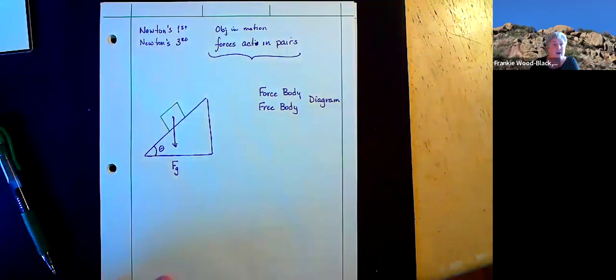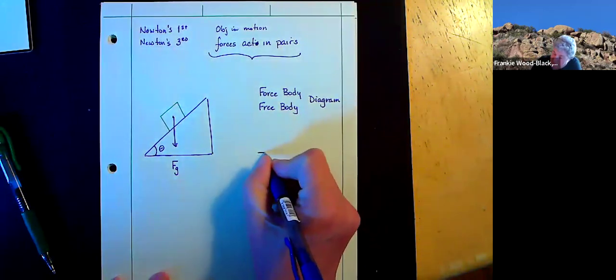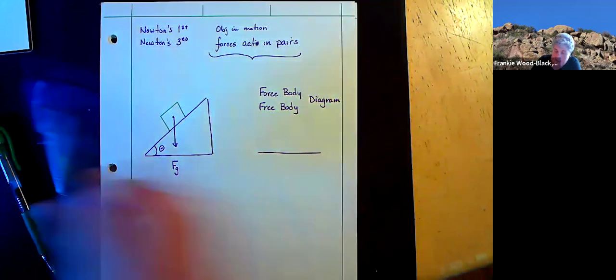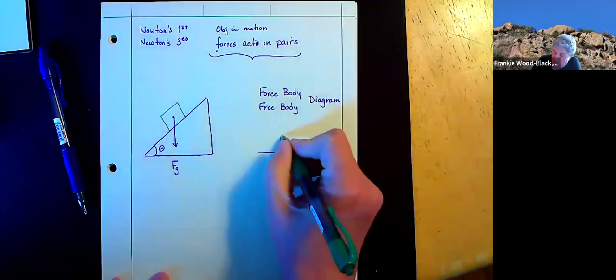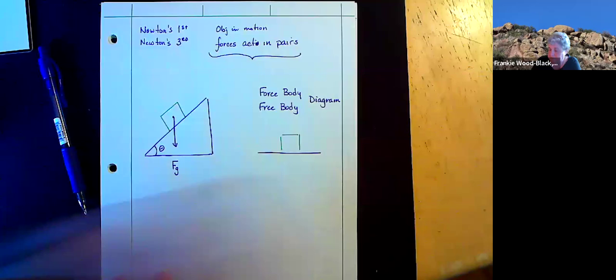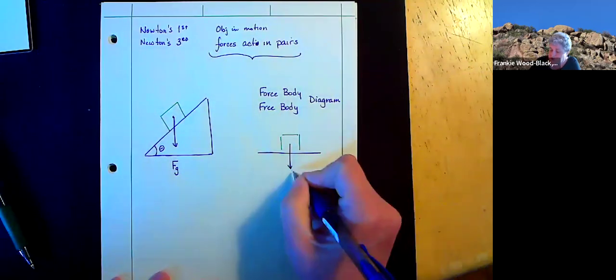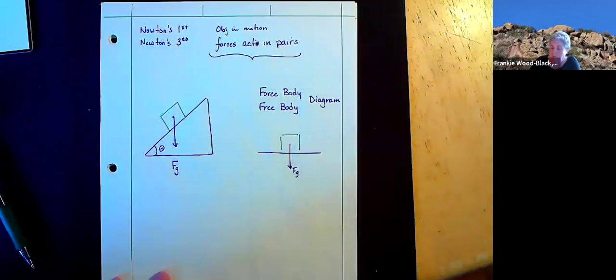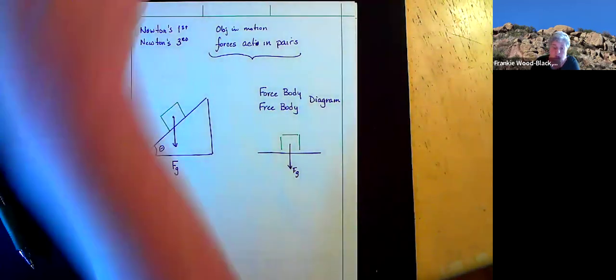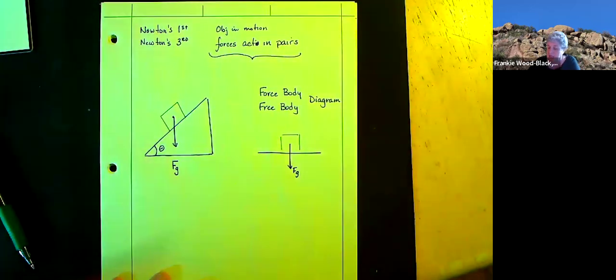Now, we know that forces act in pairs. So if my tabletop was here, and I had my object with my 0, there's my force due to gravity. We could use that Newton's third law to give us something else.